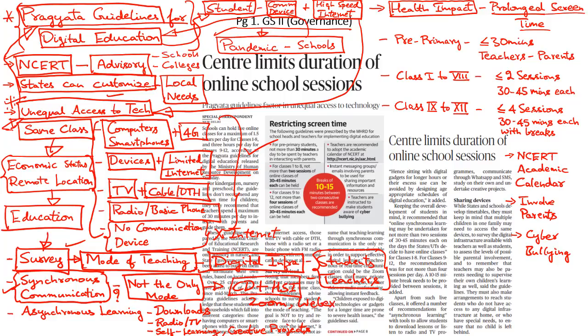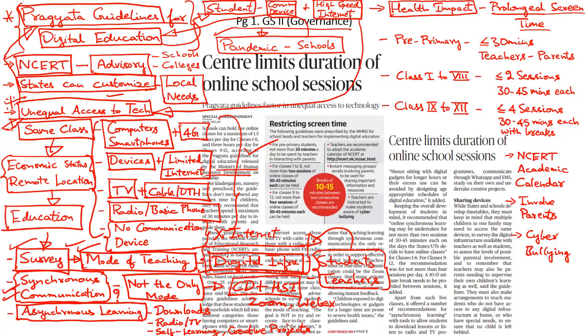The Pragyata Guidelines recommends that schools will have to adopt a mix of synchronous communication along with asynchronous learning, and they will have to decide upon the right mode of teaching based upon the survey of the digital infrastructure that can be accessed by its students and teachers.